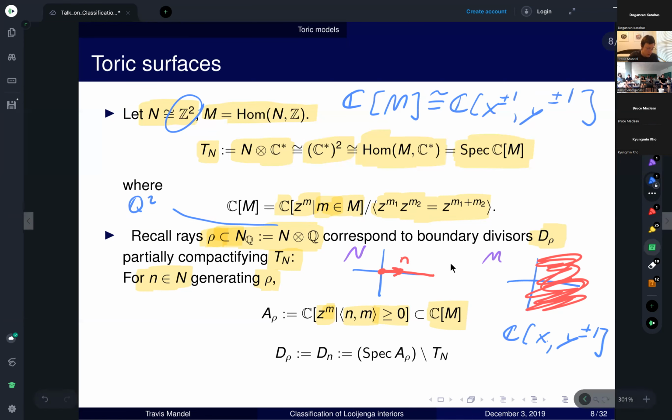That y-axis would be our new boundary divisor in this case. In general, D_rho, or I might denote that D_n, is Spec of this ring minus the big torus orbit, that algebraic torus we had before. In other words, it's the new boundary divisor. With this example, it's the y-axis. You're throwing in the points where you're no longer dividing by 0.